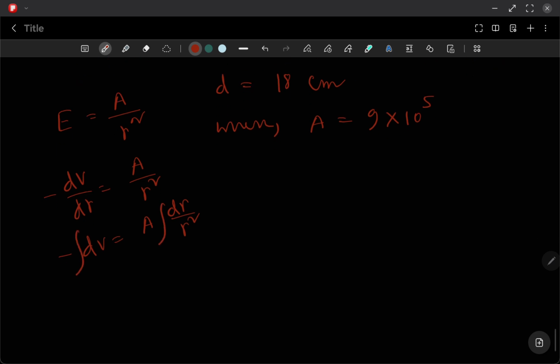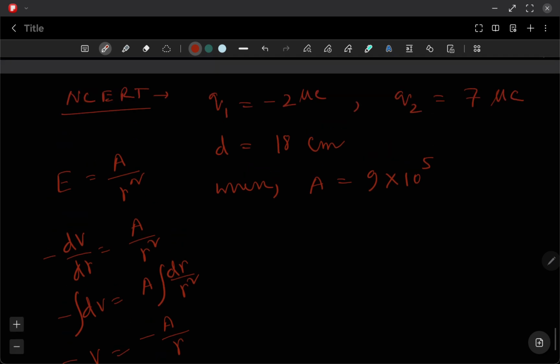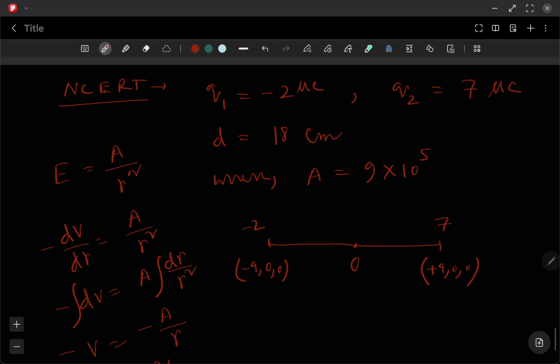We integrate, we get minus V is minus A by R. So V is coming out to be A by R. Now it is given that this charge minus 2 is at a point minus 9 centimeter, this is the midpoint origin, and this 7 microcoulomb is placed at plus 9 centimeter. So the distance between them is 18 centimeter.